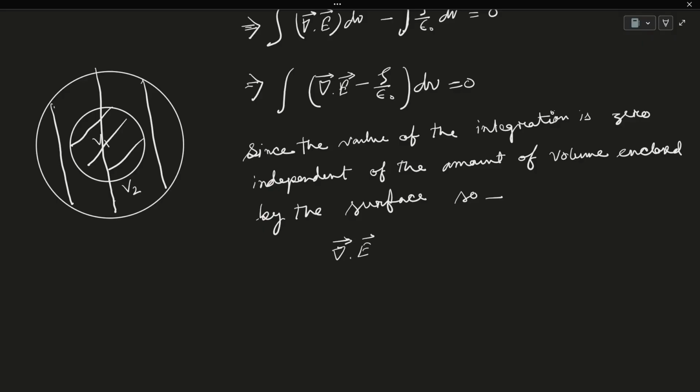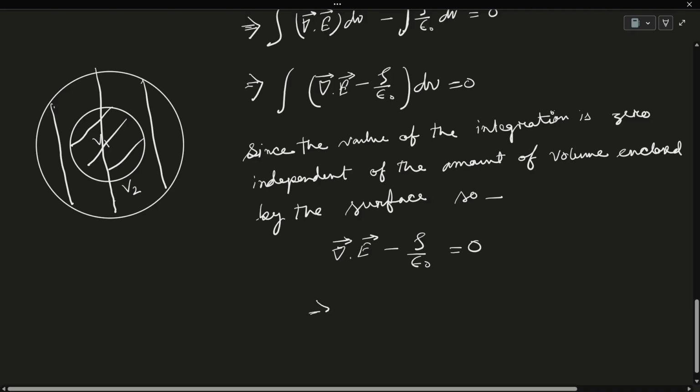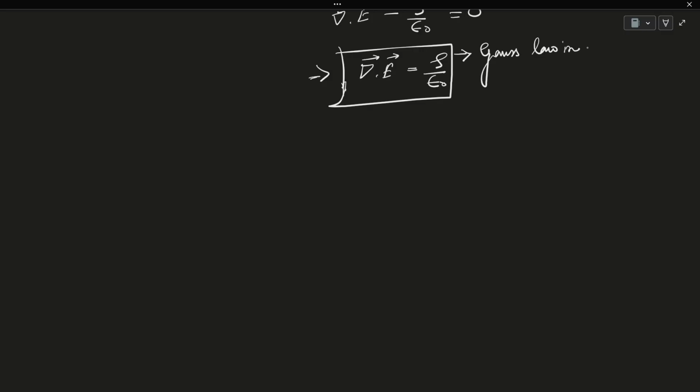So we can write from here del dot E equals rho by epsilon naught. So this is the Gauss law in electrostatics. This is the differential form.